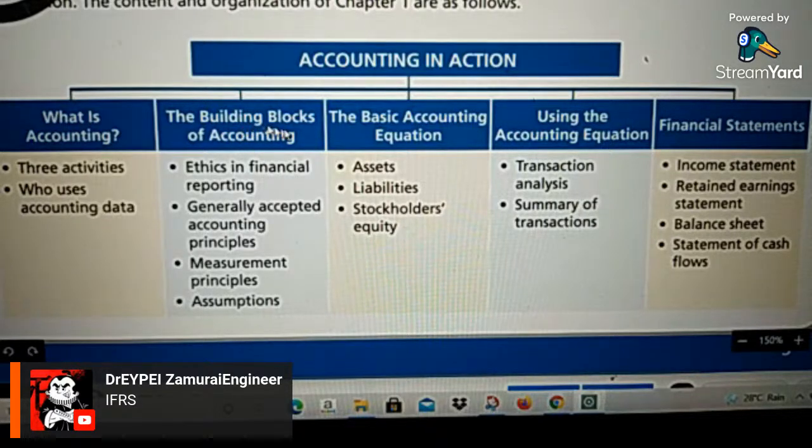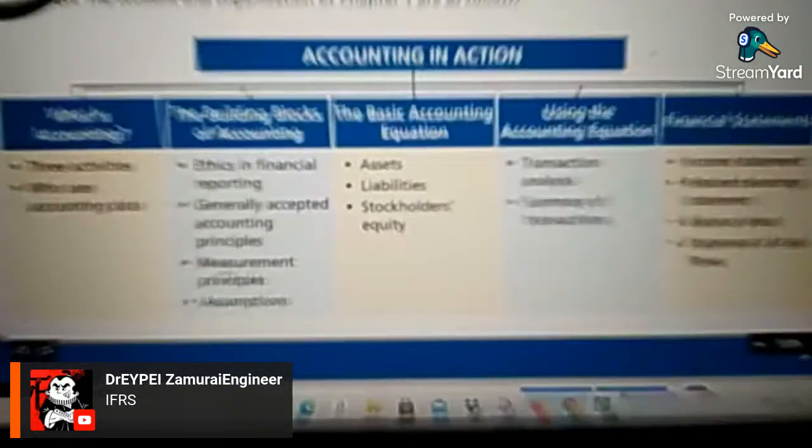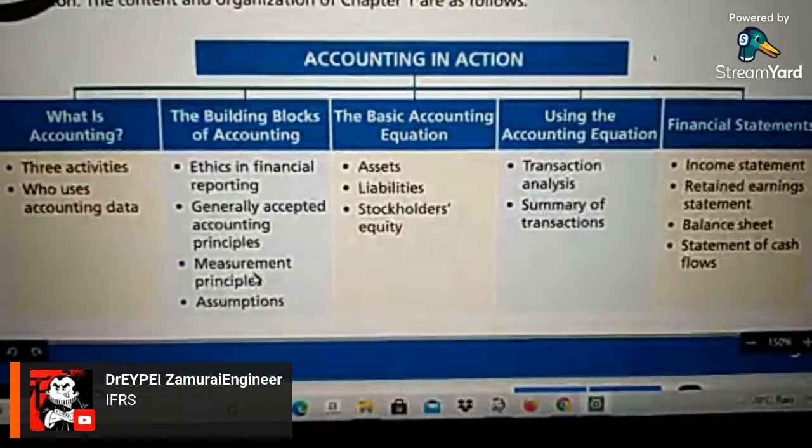The next major topic was the building blocks of accounting. It is composed of four different principles, ethics and financial reporting. We encountered the SOX law, the GAAP, two different measurement principles and two different assumptions.